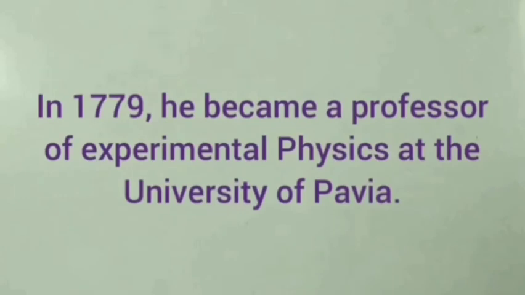In 1779, he became a professor of experimental physics at the University of Pavia. If you are asked to write the information of in which university he became the professor of experimental physics, then you have to answer University of Pavia.